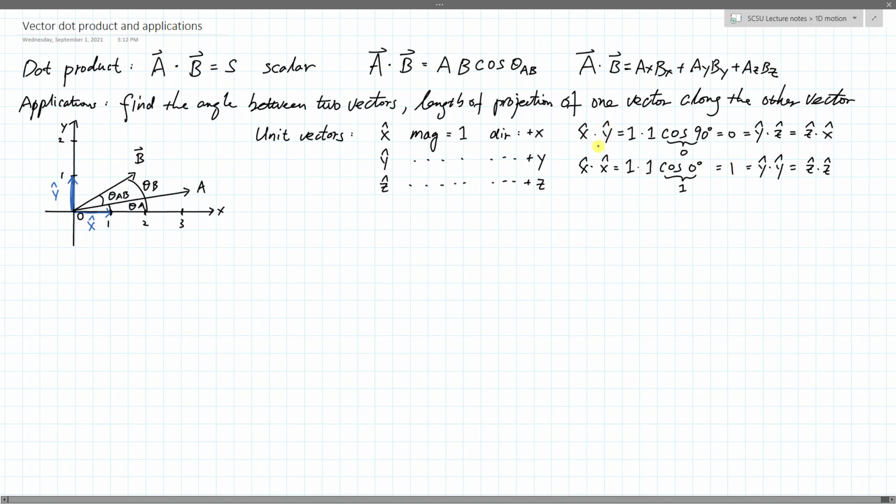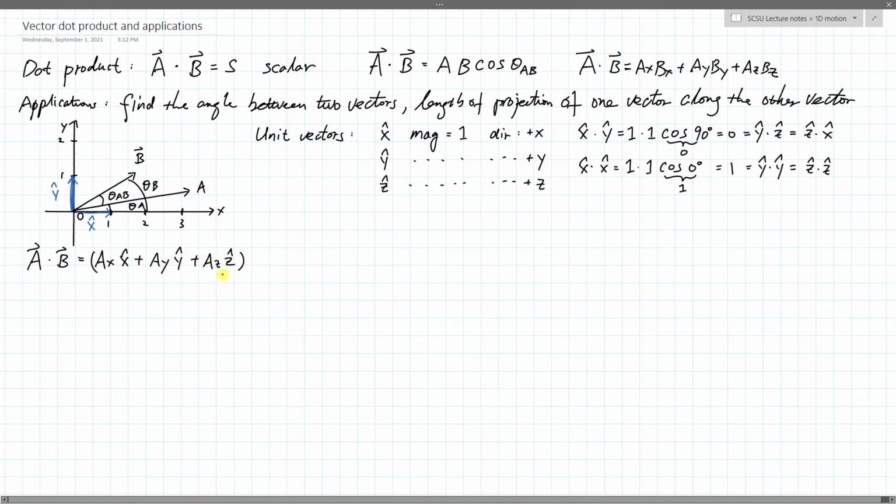So why do these help us understand that expression? Let's go ahead and apply our unit vectors and their dot products to this expression now. So a dot b. The vector a is a_x x hat plus a_y y hat plus a_z z hat.